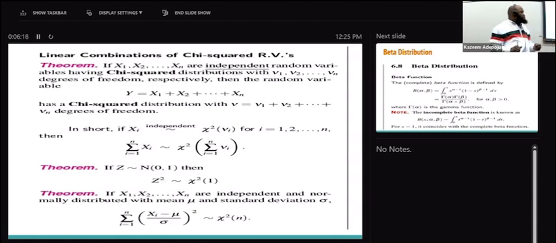Let me tell you this. There are so many ways to arrive at a chi-square. The first way to arrive at a chi-square is to pass through a gamma distribution. The moment you set your alpha to be v over 2, and you set your beta to be 2, you're going to get a chi-square from gamma.